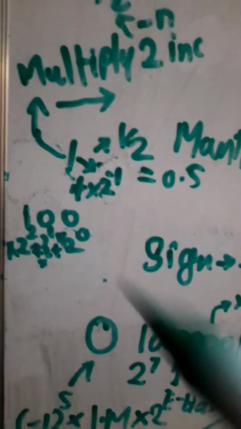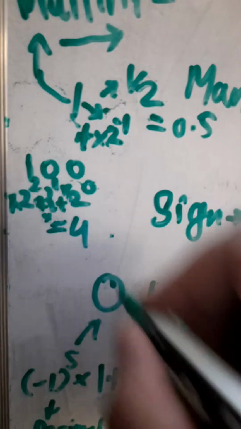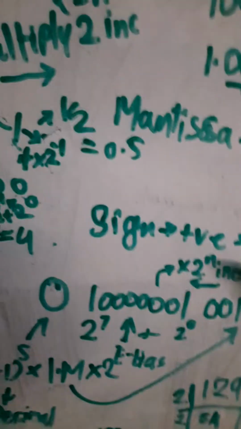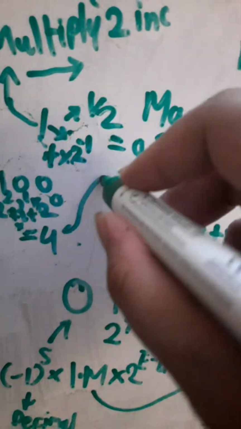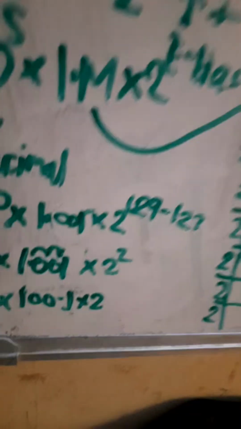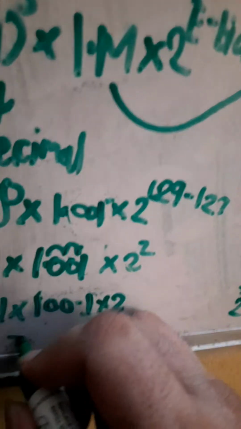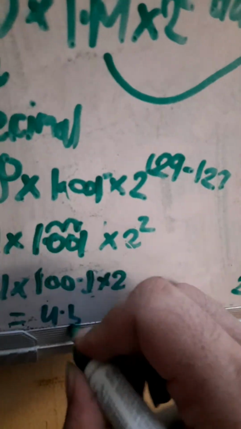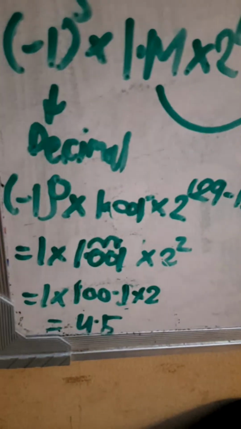Ignore the zeros. So 2 raised to 2 into 1 is 4. So what do we get? 4 plus 0.5. We get 4.5, or we can just join them: 4.5, and here we are.